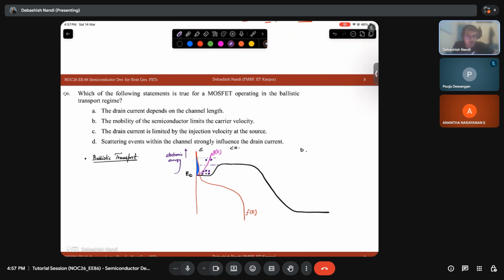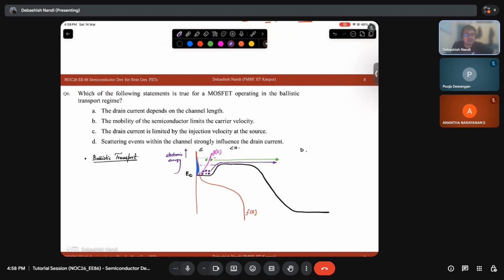Now, these electrons, let me draw it in a different color. So these green electrons are at a higher energy than the violet electrons. So these electrons can go to drain easily, and these violet electrons also, once they are at this place, can go to drain easily.